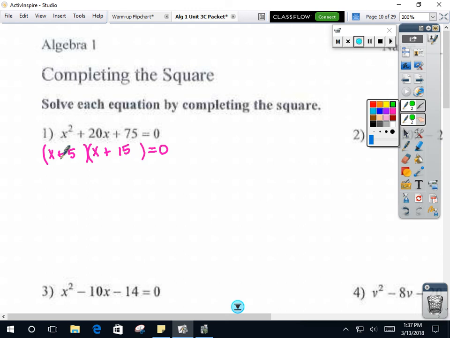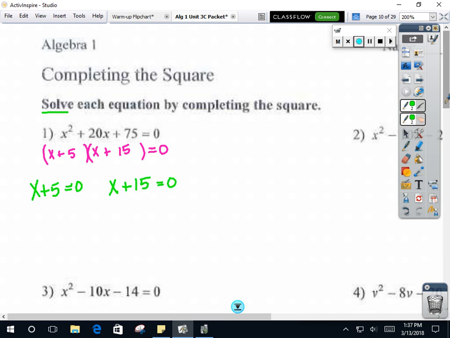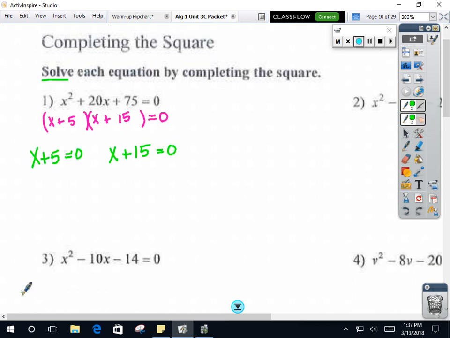There's no reason to waste your time doing that lengthy process on something that can be factored. So now, we've only factored though. We have not solved. Remember to solve? That's when you set each of them equal to 0 and then just solve for x. So on this one, how will we solve for x? Correct. Subtract 5 on both sides. And so one of your solutions is negative 5.